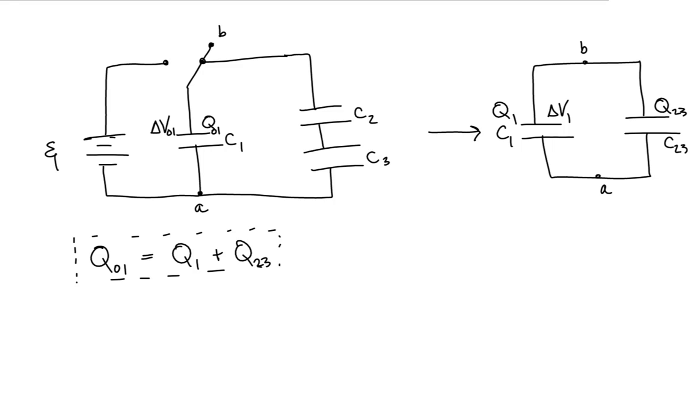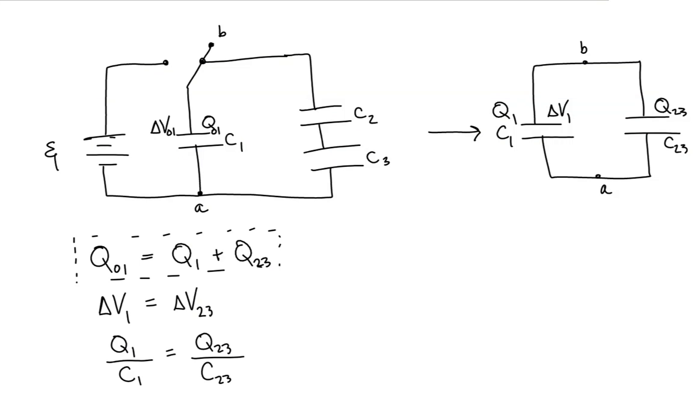So we could say that the potential difference across capacitor 1 has to be equal to the potential difference across the equivalent capacitor of 2 and 3. Now, the potential difference across capacitor 1 is the charge on capacitor 1 over capacitor 1's capacitance. And that has to be equal to the ratio of the charge on our equivalent capacitor over the equivalent capacitance.